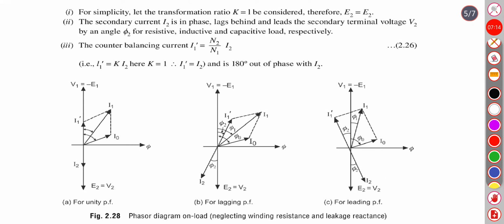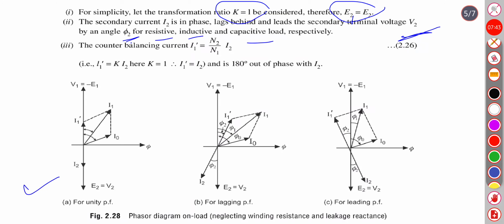First, for simplicity, we have assumed that K equals 1, therefore E1 equals E2. The secondary current I2 is in phase with, lags behind, or leads the secondary terminal voltage V2 by an angle phi2 for resistive, inductive and capacitive load respectively.